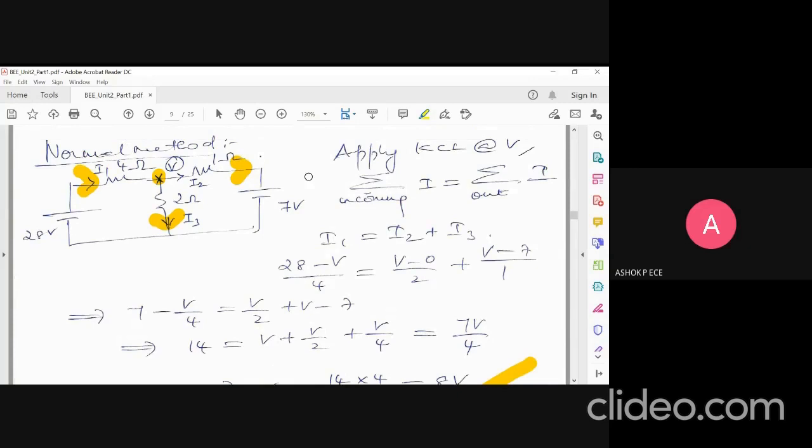Please solve this problem by the normal method to check whether you get the answer as 4 amperes again or not. I have done this using the nodal analysis method.